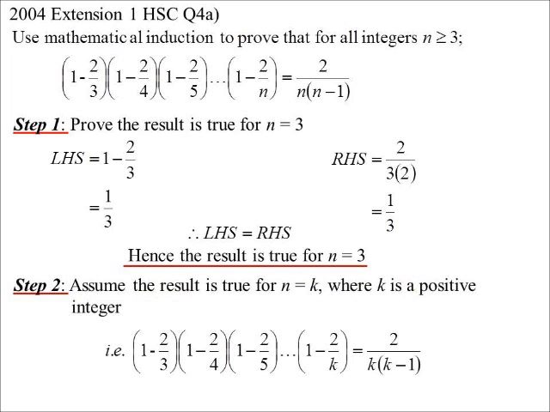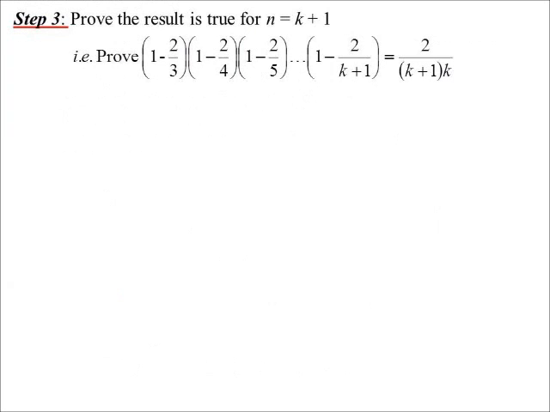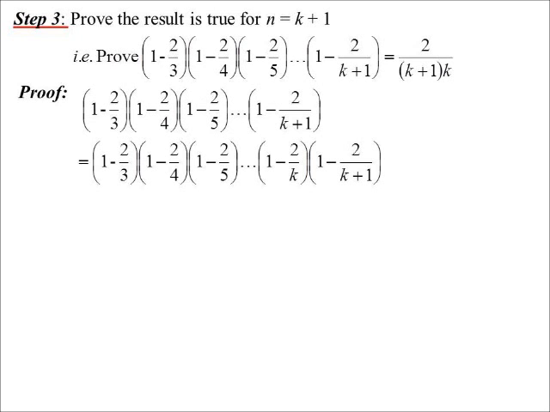We'll assume for k, and we want to prove for k plus 1. So there it is, that's what we're trying to prove. So I'll use the same idea, except we're doing multiply instead of adding. There's my assumption. Well, it's not a sum, it's a product of the k terms. So we have 2 on k plus 1, times 1 minus 2 on k plus 1.